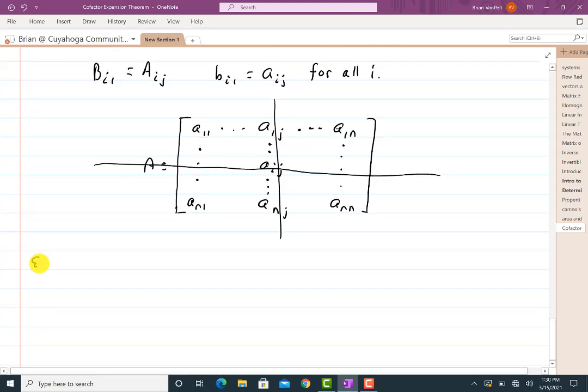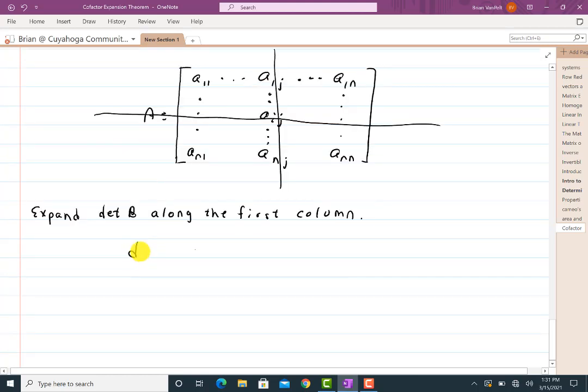So expand the determinant of B along the first column. So the determinant of B equals the summation I equals 1 to n, -1 to the I plus 1, BI1 times the determinant of BI1.